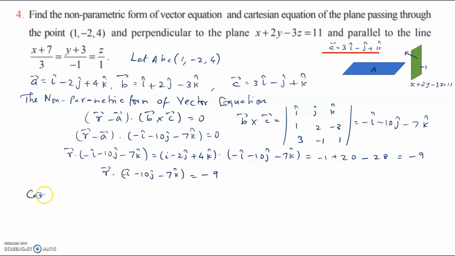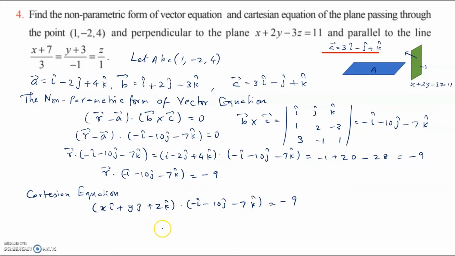Further, the Cartesian form or Cartesian equation is x i cap plus y j cap plus z k cap dot product with minus i cap minus 10j cap minus 7k cap is equal to minus 9.